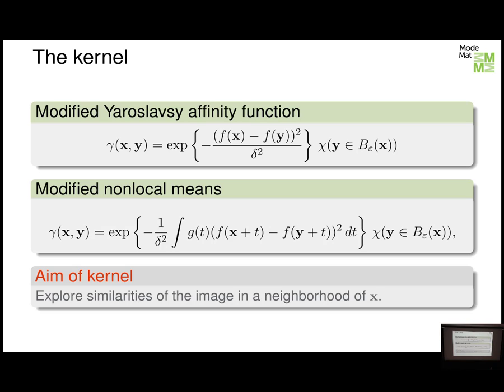Apart from that, you have a lot of possibilities concerning the kernel. You may want to use one or the other, and you have a family of kernels you can use in this setting. The Yaroslavsky kernel and the modified non-local means are two examples of the kernels you may want to use. Mainly the aim of the kernel is to explore the similarities of the image in a neighborhood of x.